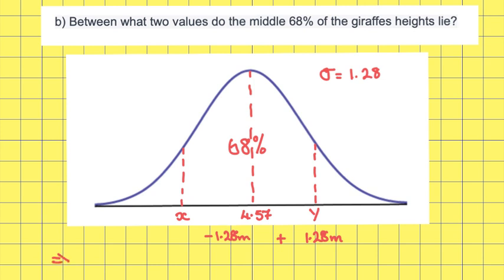Therefore, X is equal to 4.57 minus 1.28, which is equal to 3.29 meters, and Y is equal to 4.57 plus 1.28 meters, which is equal to 5.85 meters.